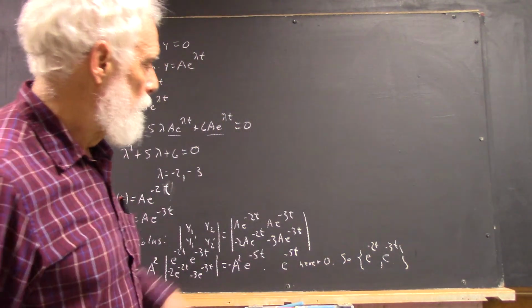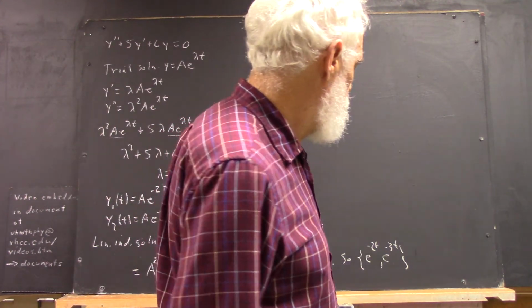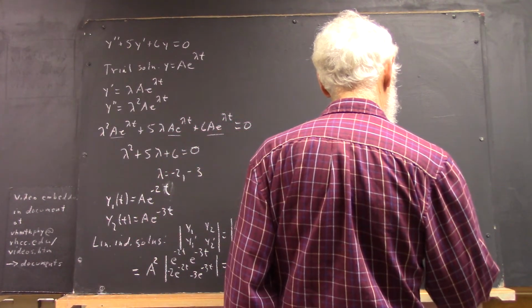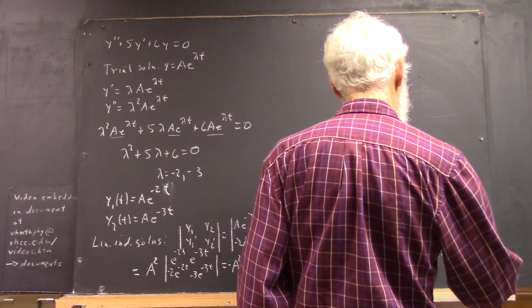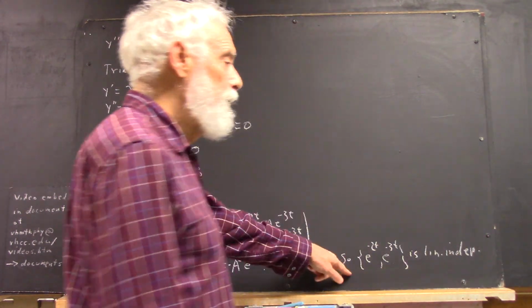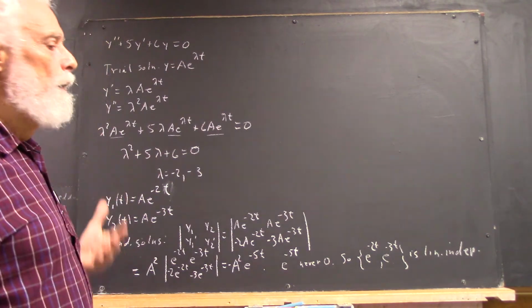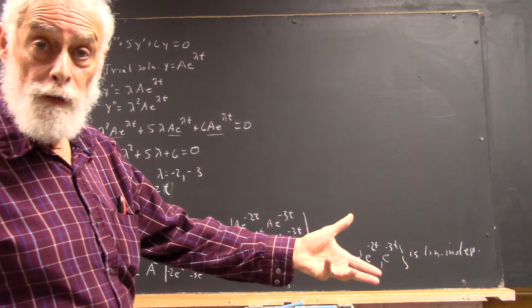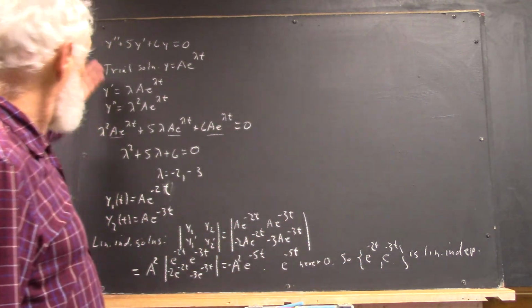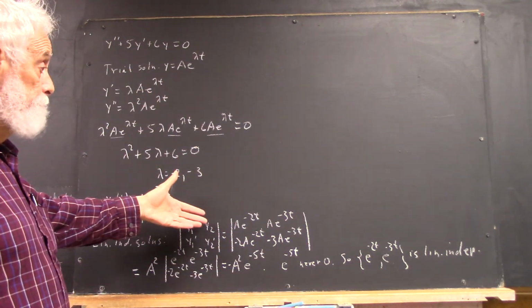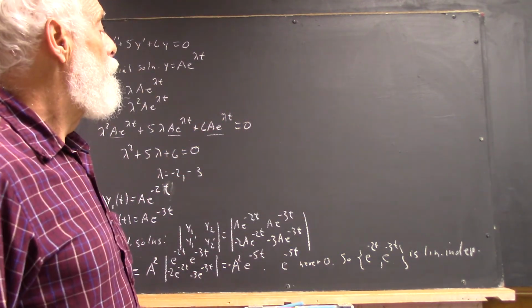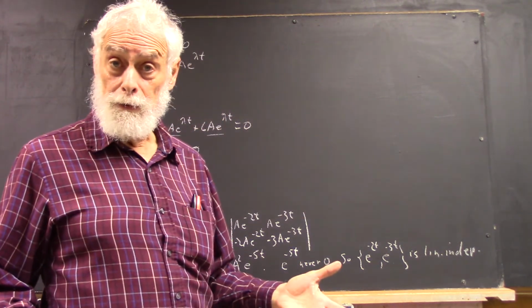Okay, but I'm going to say the set e to the -2t, e to the -3t is linearly independent within the space of all differentiable functions of t. Okay, and that is a vector space. It satisfies all the properties of a vector space.